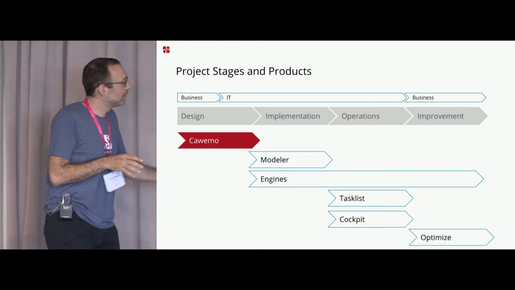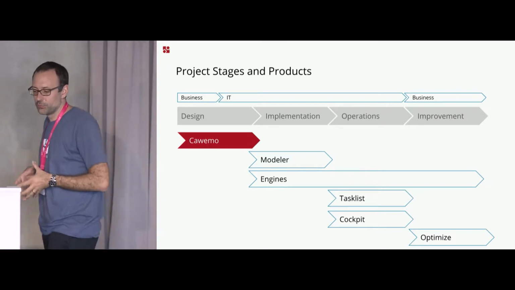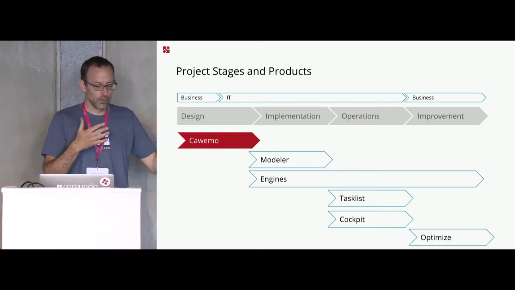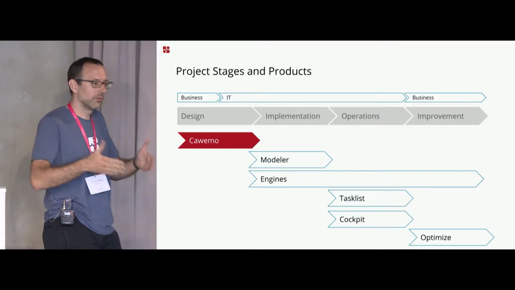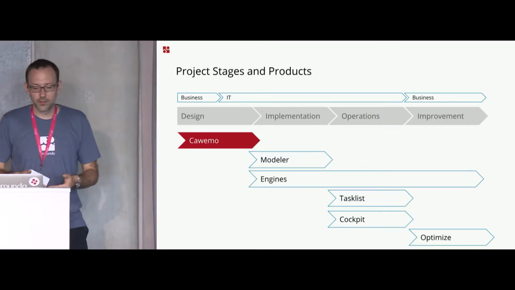So Cawemo is supposed to fill this gap, and it's supposed to be the tool, and it will become the tool in the future that we can use initially during this design phase to bring together all the relevant stakeholders in our automation project and have them collaborate together.